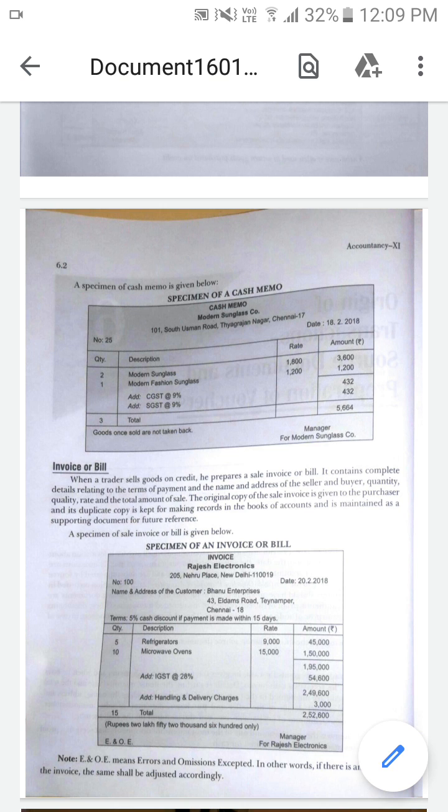Below the memo there are some notes, such as goods once sold are not taken back. Then the manager and the name of the company. This is the specimen copy of a cash memo.